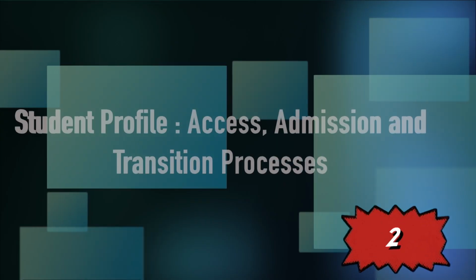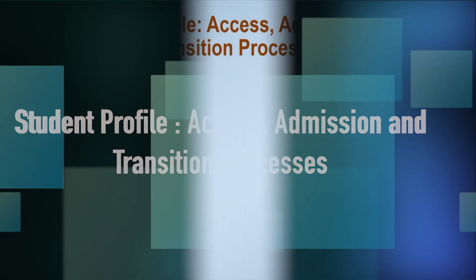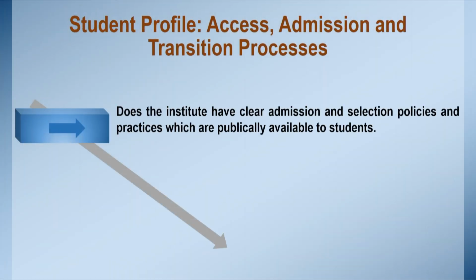Let's discuss the second focal area. This is another important area which starts with students' admission, access, and then goes to transition processes in the institution. This area is student profile, comprising access, admission, and transition processes. It covers mainly the institute's clear admission and selection policies and practices, and whether they are publicly available to students or not.